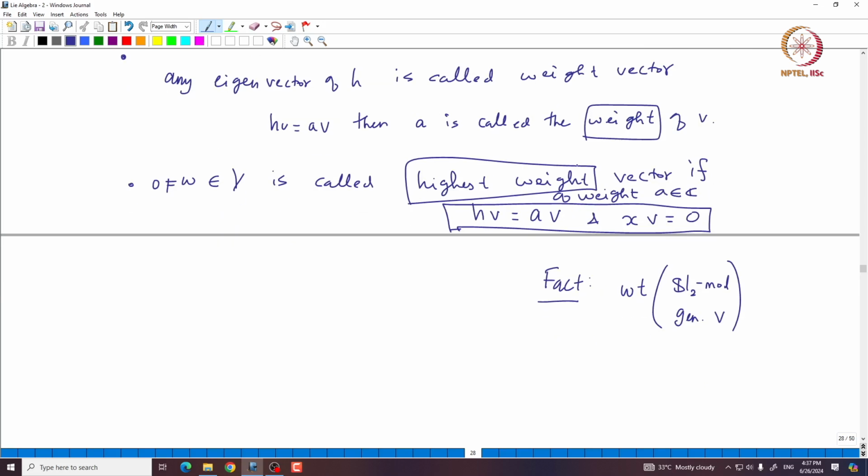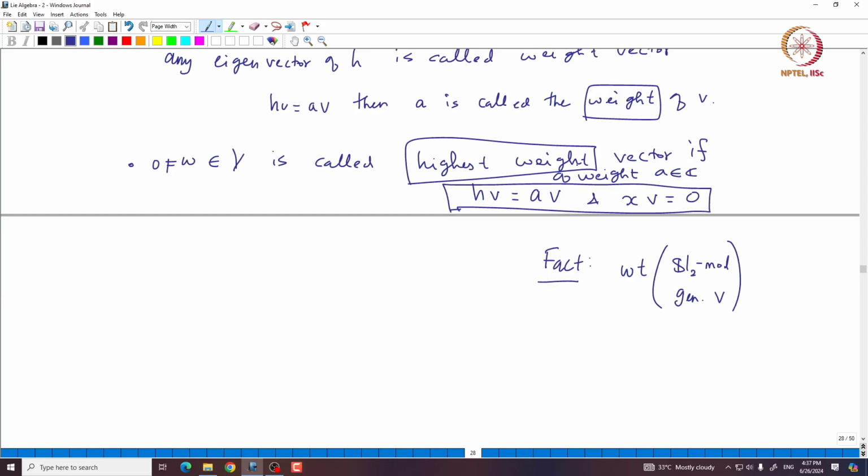So, one can talk about weights of all this sl2 module generated by V. That will be the H weights of this module. Then one can prove that if this vector has weight A, then this will be contained in A minus Z plus. By definition, A minus R greater than or equal to 0.